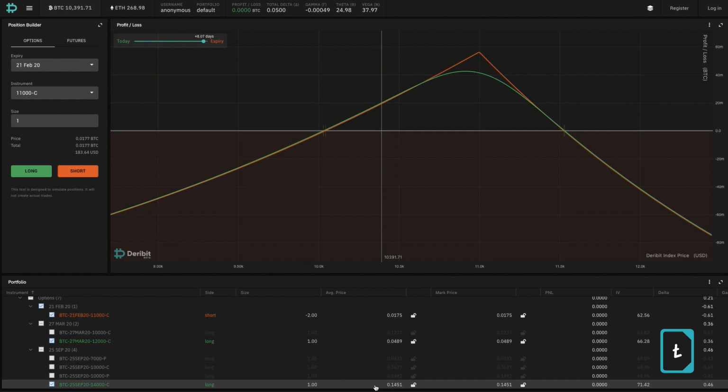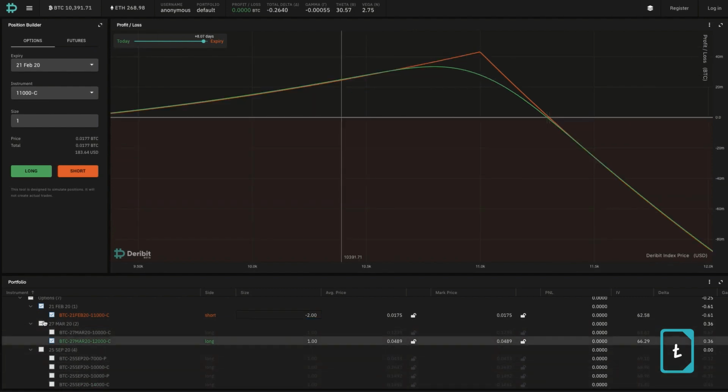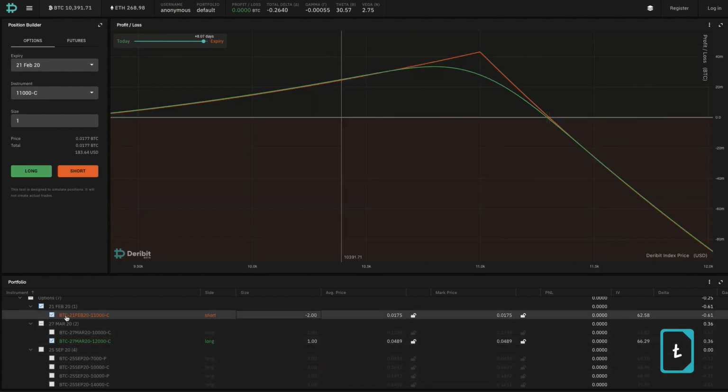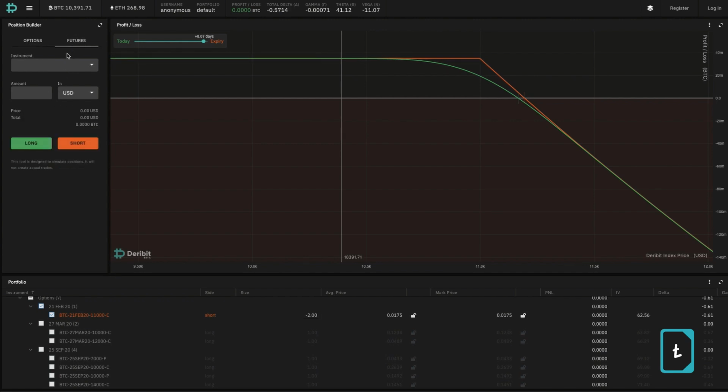There are many more strategies that you can look at. For instance, you could be just a net seller of premium in general, and you may hedge that against your spot positions. So you can combine, that was 1 Bitcoin.